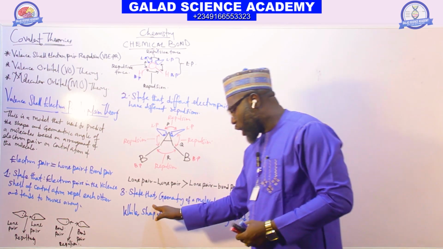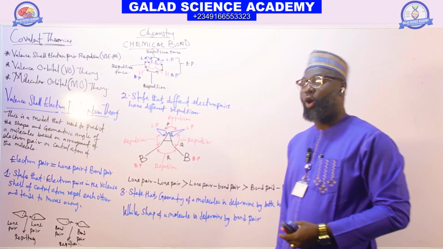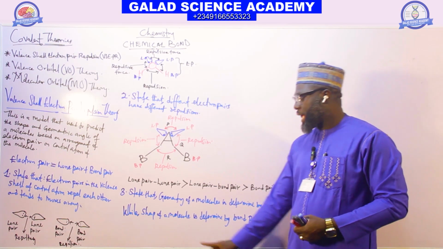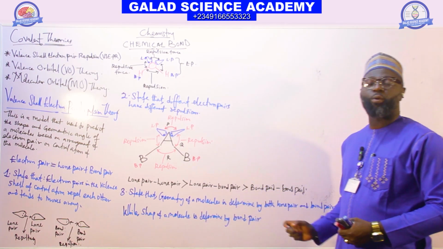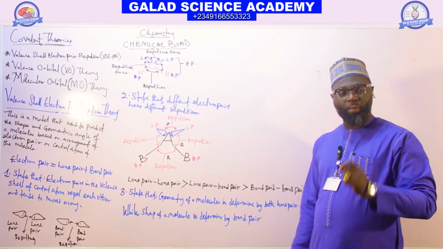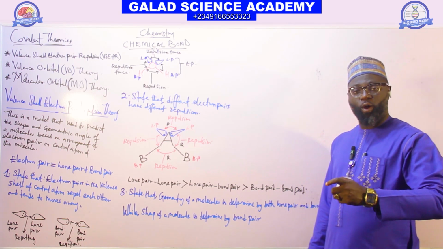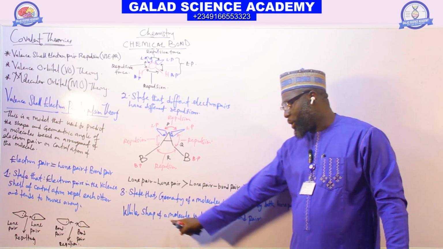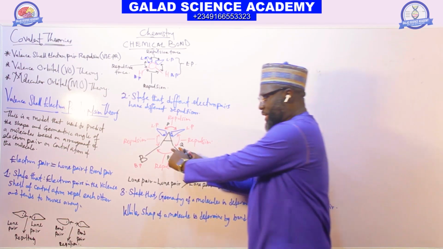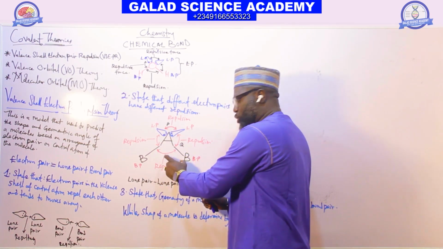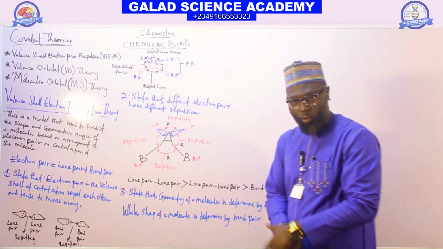This third postulate of VSEPR theory tells us that the shape of a molecule is determined by bond pair. So this bond pair is what we use to determine the shape of the molecule.